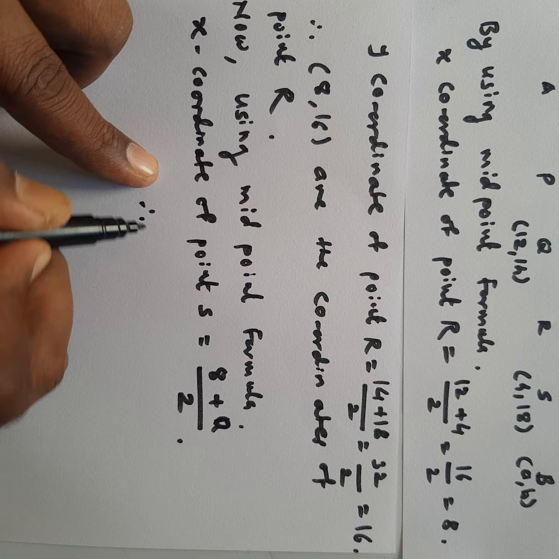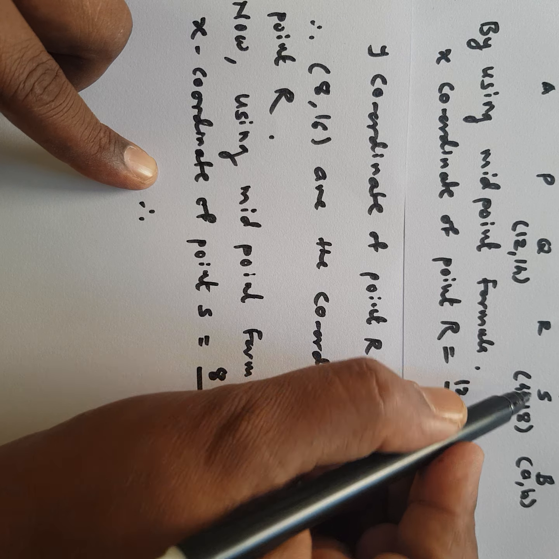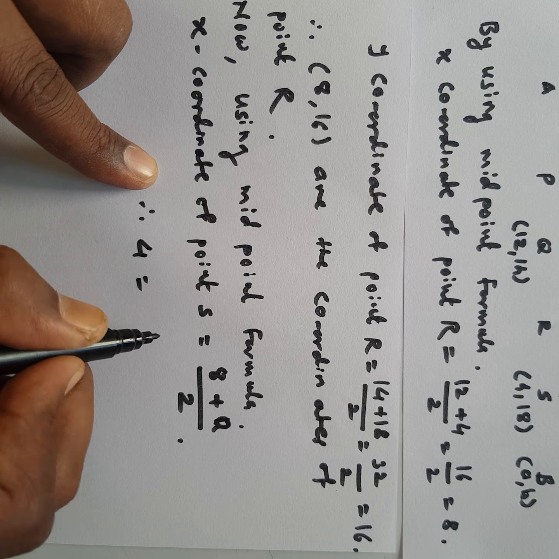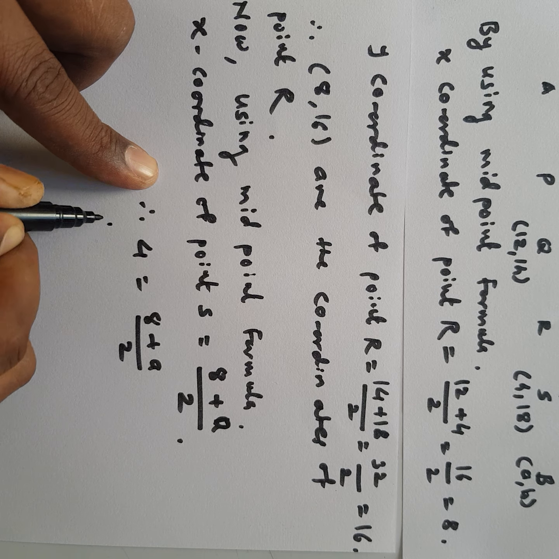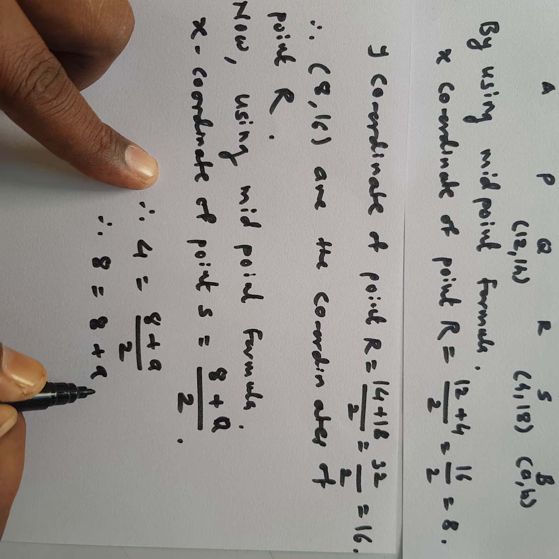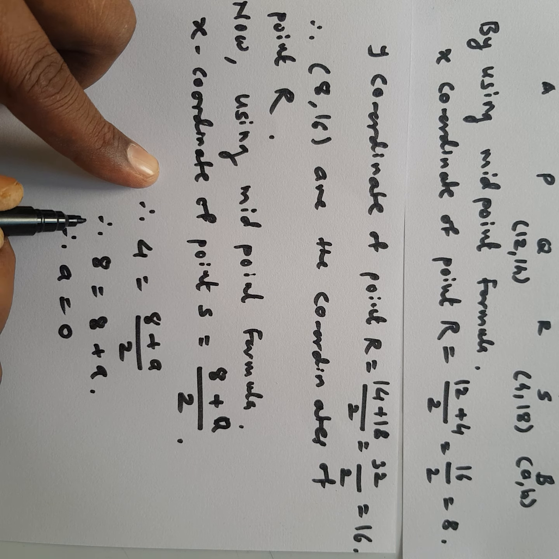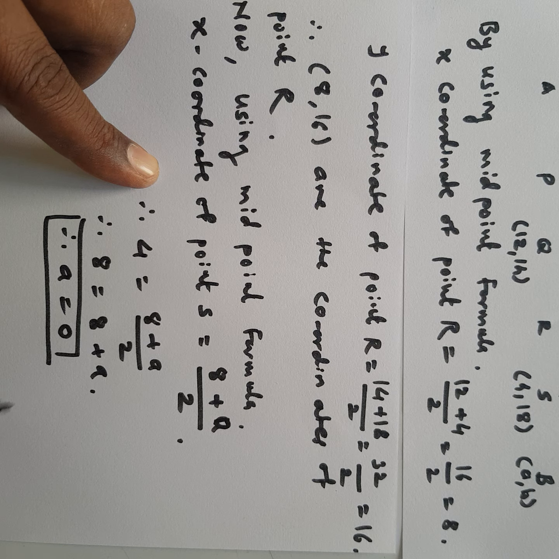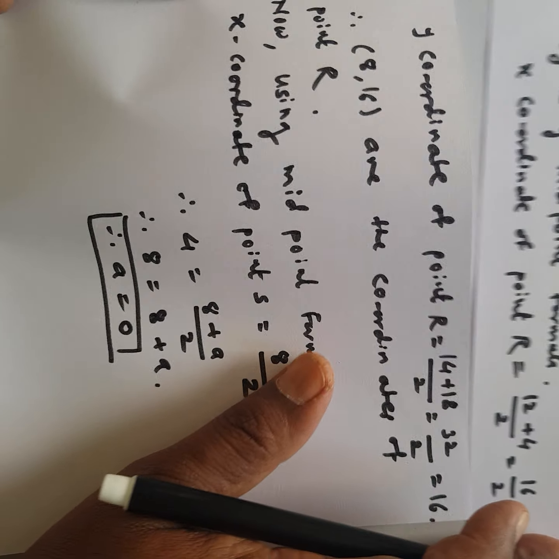Therefore 8 plus A upon 2. The x coordinate of point S we know is 4. So 4 is equal to 8 plus A upon 2. Therefore 8 is equal to 8 plus A. Therefore A is equal to 0. It will be the x coordinate of point B.